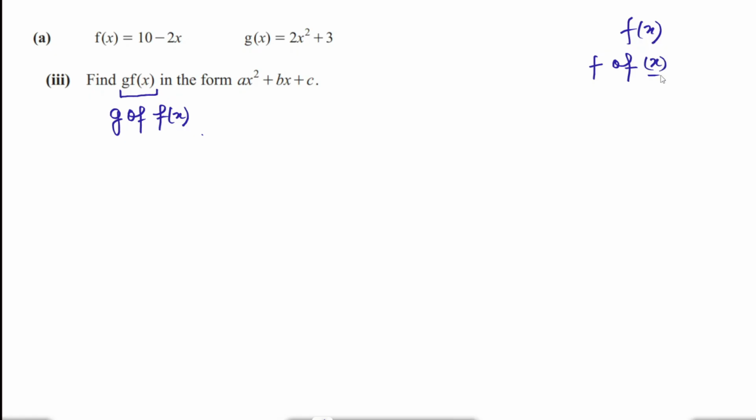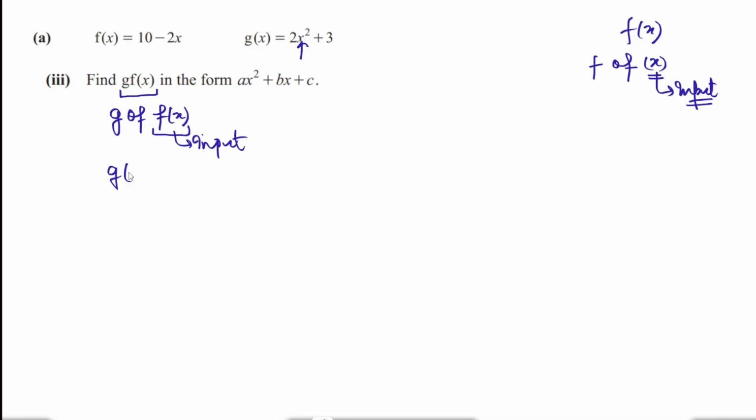Whatever is written after the 'of' would be considered as the input of that function. So in g of f of x, this is going to be your input. I'm just giving you theory. If you already understand this, you can skip this. So g of f of x: in the function g, wherever x is written, we'll plug in the value of f.